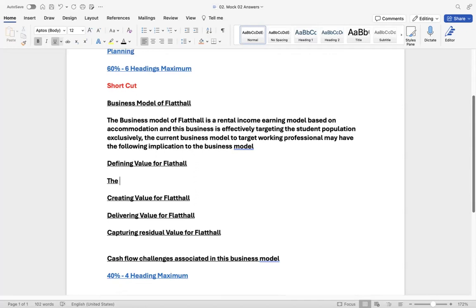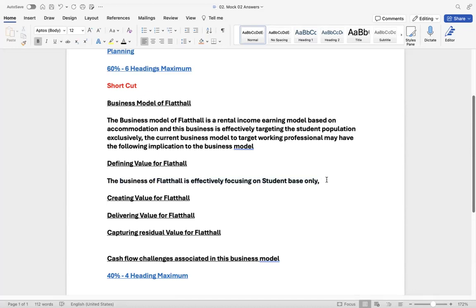Can I write down here, defining the value? The business of FlattHall is effectively focusing on student base only. Can I get a confirmation in the chat box if you are clear with that?